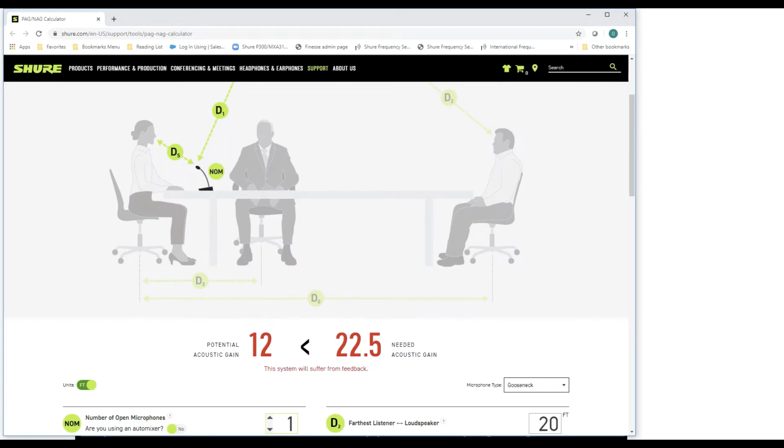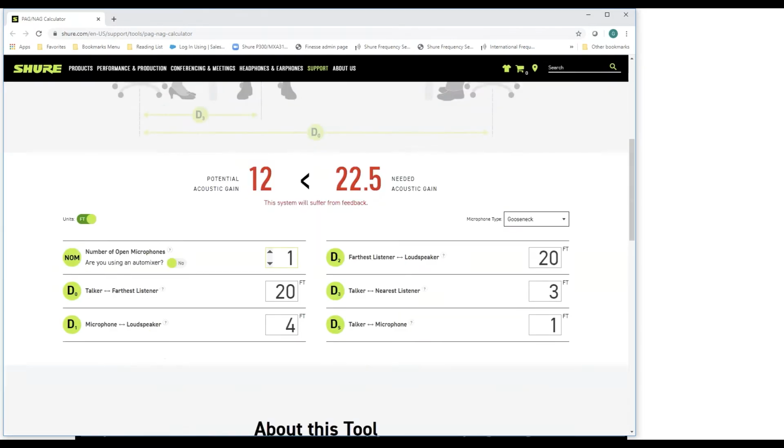So what are the things we can do to try and get there? Well, we can try, like we said, to move the microphone closer to the talker. You can actually do half increments here. So I can go to 0.5. And when I do that, I get 6 dB back, right? Like I was saying about the number of open microphones, every time that doubles, you lose 6 dB.